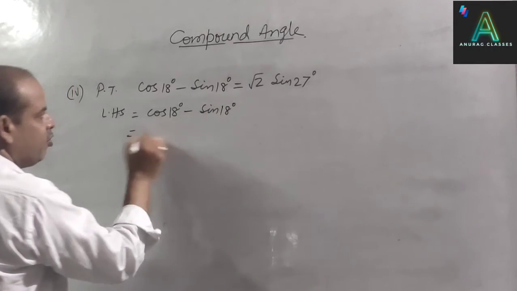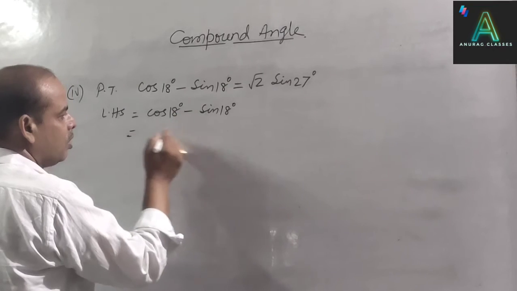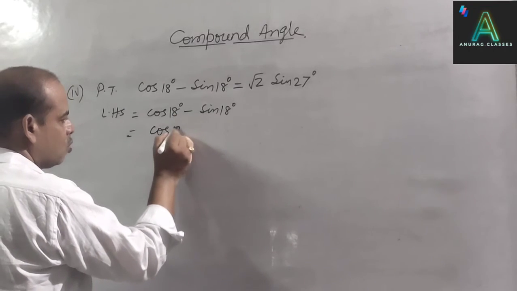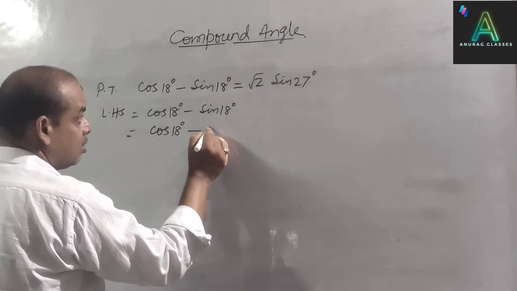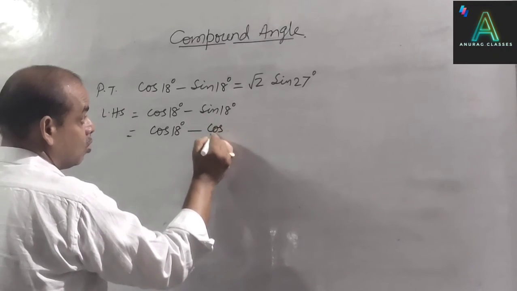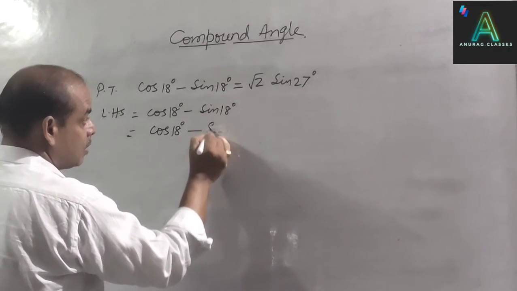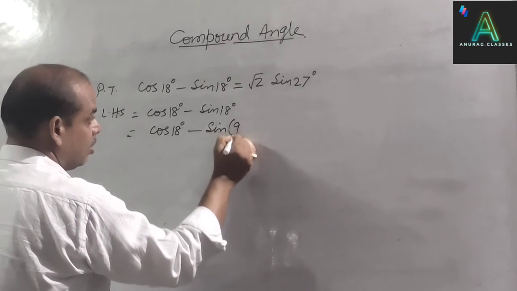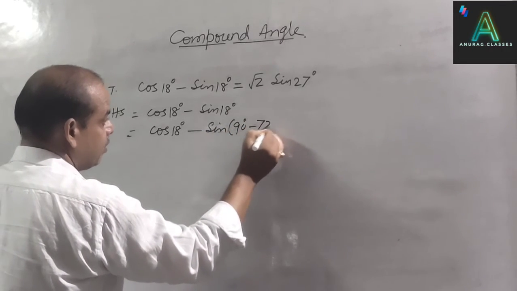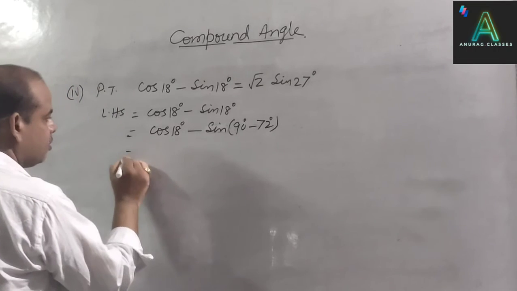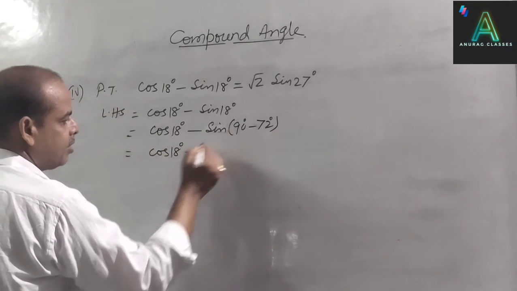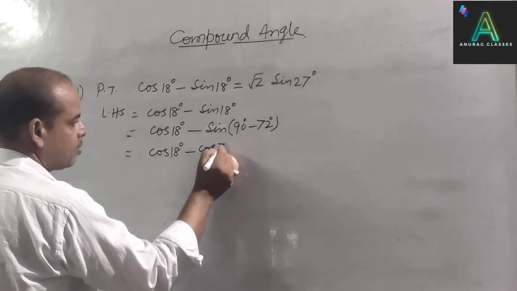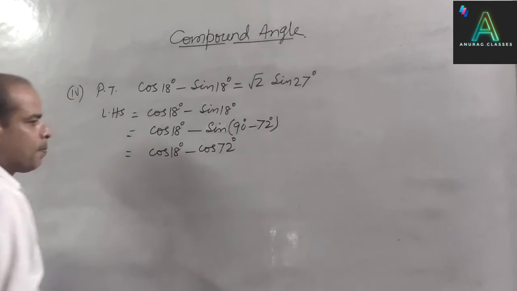First of all, you have to convert both as cos. So sin 18 degree can be written as sin of 90 degree minus 72 degree, and we know that sine 90 minus theta is cos theta, so it becomes cos 72 degree.